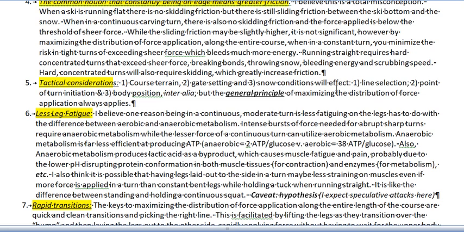Now, these conditions will affect your line selection, your point of turn initiation, when you really start that turn, and when you make the transition.